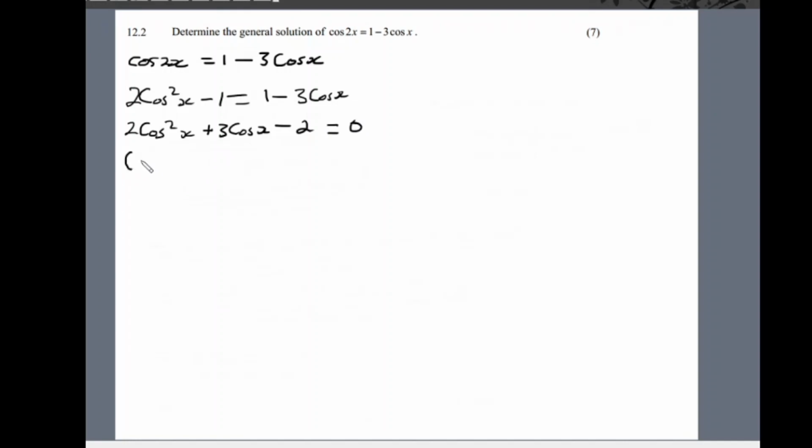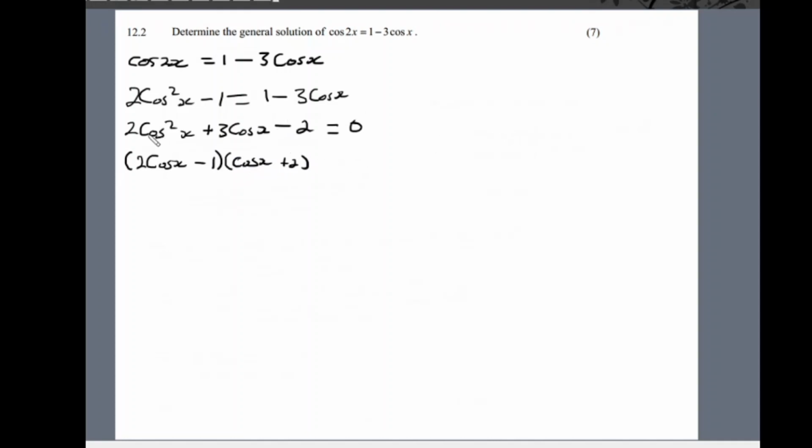So solving for cos x, we can factorize by saying this equation is equal to open brackets 2 cos x minus 1 times cos x plus 2 when you factorize this equation, right?